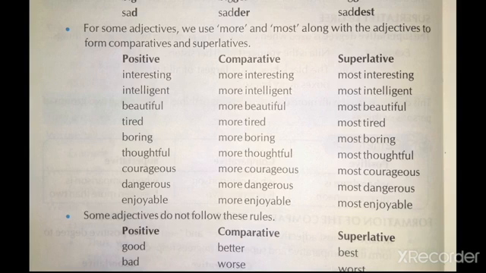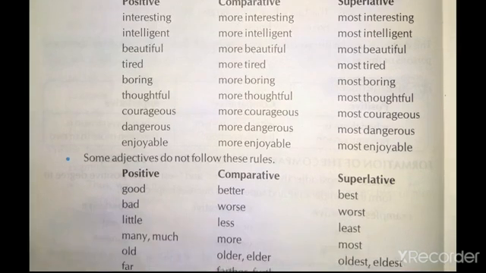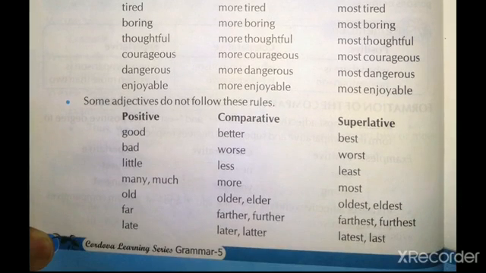Like that, bad, worse, worst, little, less, least, many or much, more, most, old, older or elder, oldest or eldest, far, farther, further, farthest and furthest, late, later, latter, and latest, last.